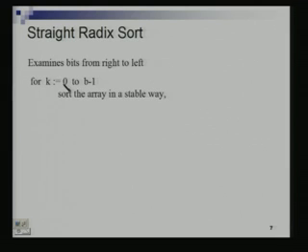So, k equals 0 is the least significant bit and b minus 1 is the most significant bit, and we are going to sort the array based on the kth bit, in a stable way. So, sort the array in a stable way, looking only at the kth bit.